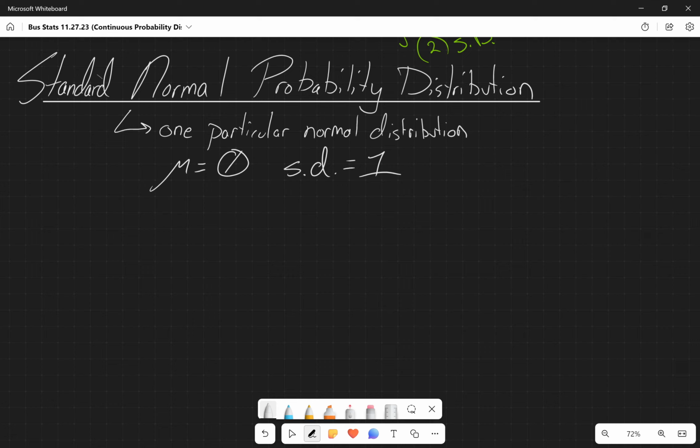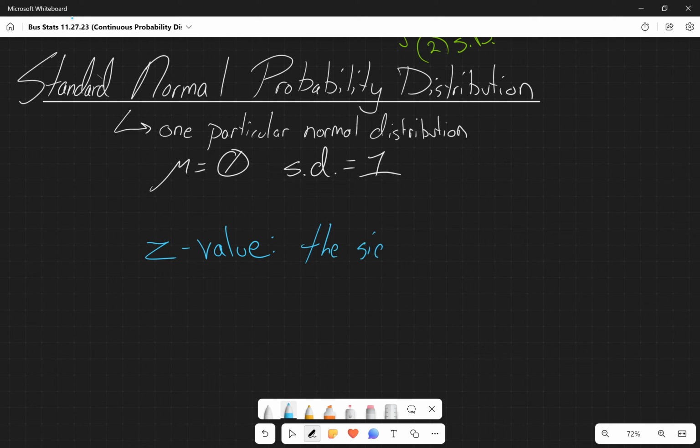And so now we need to define a new term called a z-value. Z-values are going to be useful in avoiding complicated statistical calculations and using our cheat sheets or our tables in the back of the book. So a z-value is defined as the signed distance.